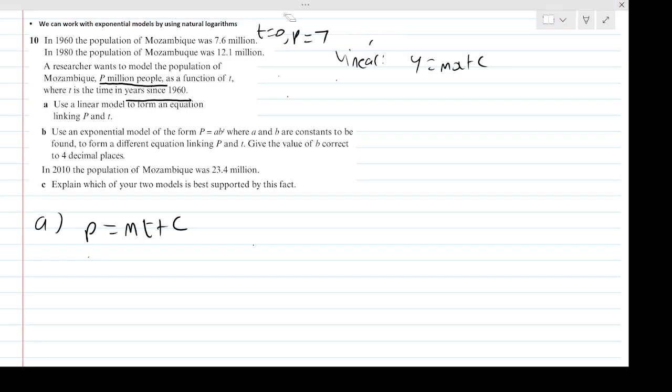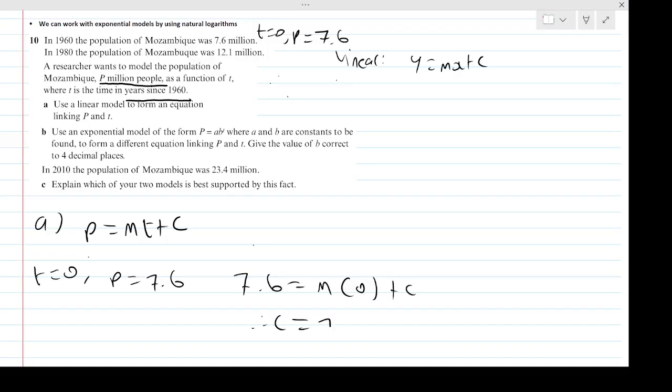It'd be 7.6, because remember, P is in millions, right? So 7.6 million is just 7.6 there. Okay, so that's my first condition. So t is 0, P is 7.6. So I could sub that in. So then 7.6 equals m lots of 0, add c. Well, that's just 0, so therefore c is 7.6.